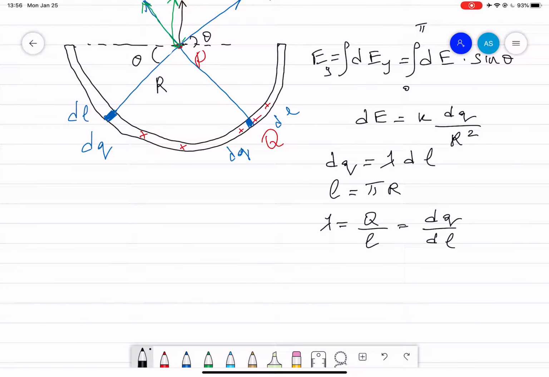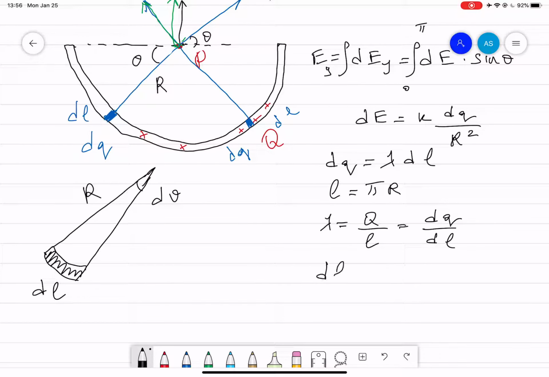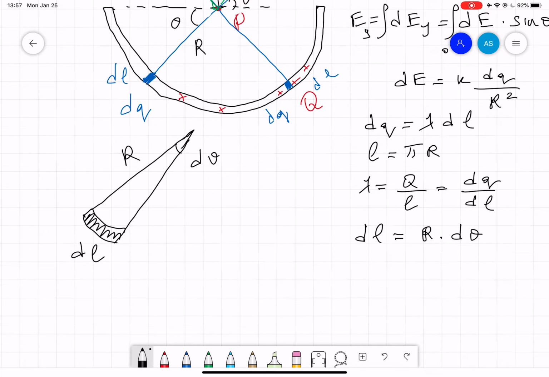Let me zoom in on one dl. Say this is our dl, and this is our small angle, which is d theta, and this is our r. Then we can say that dl is equal to r times d theta. Now let's keep working on it.